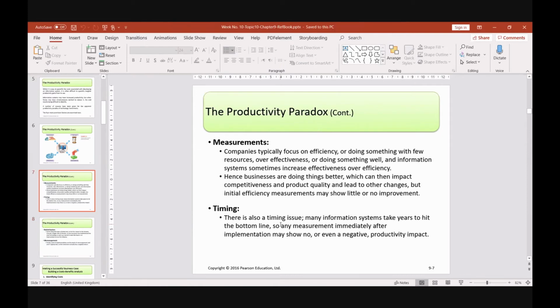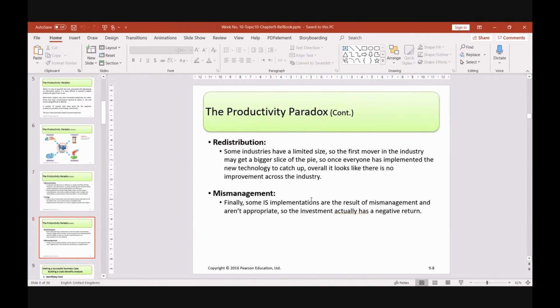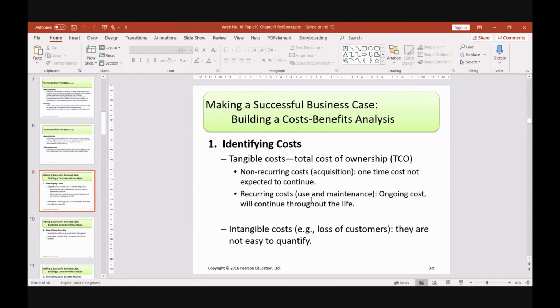So these are the four main factors that can play a role in a productivity paradox and can create some hassles in achieving your productivity. Okay, moving on. Making a successful business case, building a cost benefit analysis. We want to make a good business case.